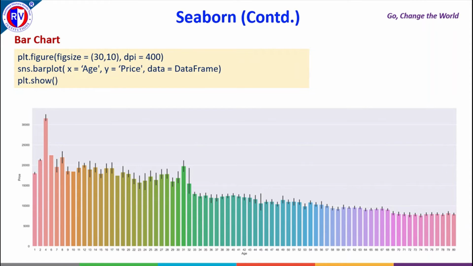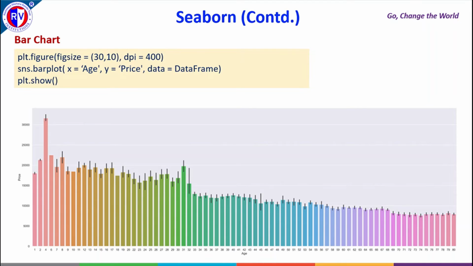But the very first statement in this slide is plt dot figure figsize equal to 30 comma 10, and I am specifying dpi equal to 400. Here figsize equal to 30 comma 10 is nothing but the width and height of the figure, and dpi is the resolution of the image.